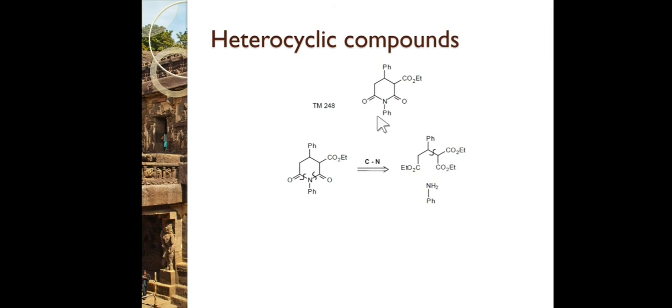We have two amide type linkages, so we will disconnect like this. We will get aniline and this kind of compound, which you already studied. So this is a 1,5 dicarbonyl compound. Let's count 1, 2, 3, 4 and 5. When treated with aniline we will get our target molecule, that is target molecule 248.